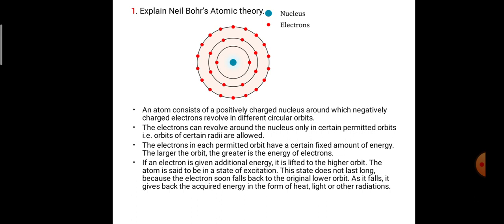This state does not last long because the electron soon falls back to the original lower orbit. As it falls, it gives back the acquired energy in the form of heat, light, or other radiations.